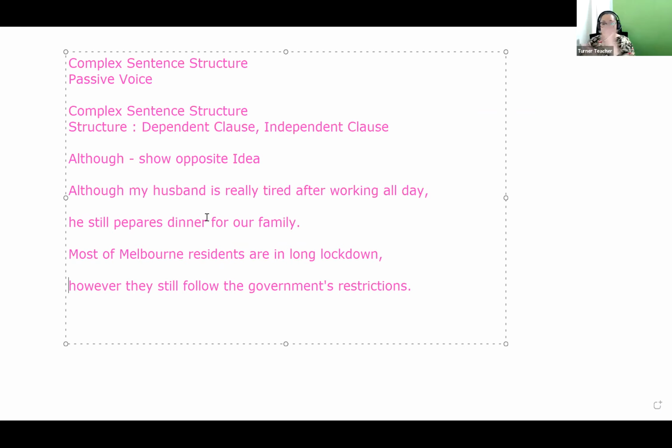So if you separate the sentence and one doesn't make sense, highly likely it's a complex sentence, or your sentence is wrong. But if the sentence is correct, look at this: although my husband is really tired after working all day. The sentence is not complete, right?